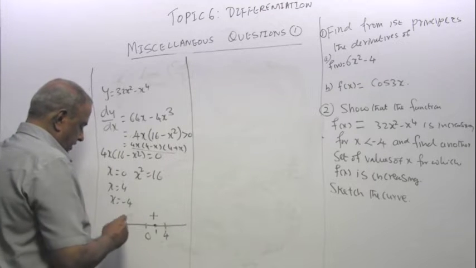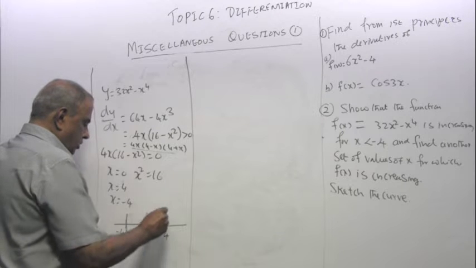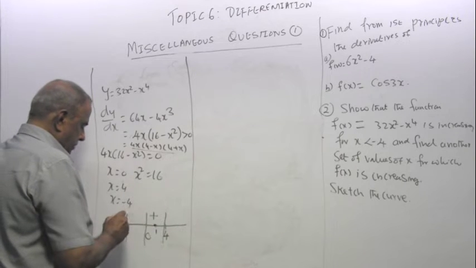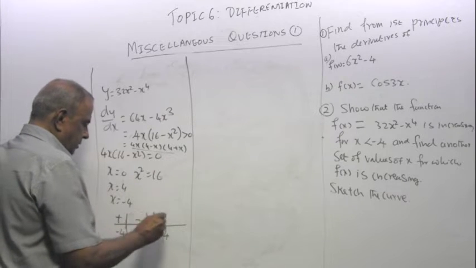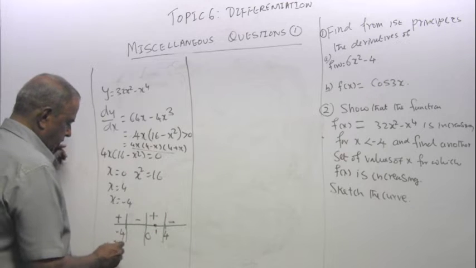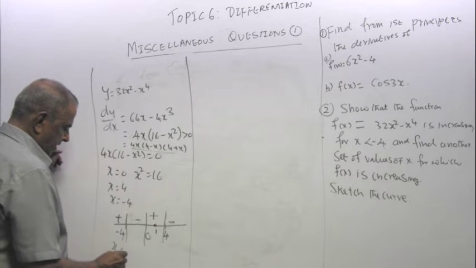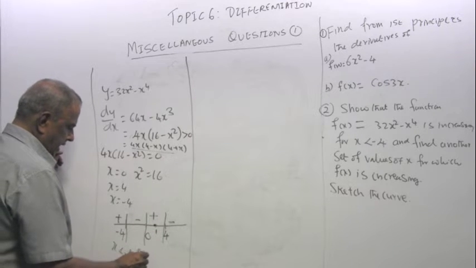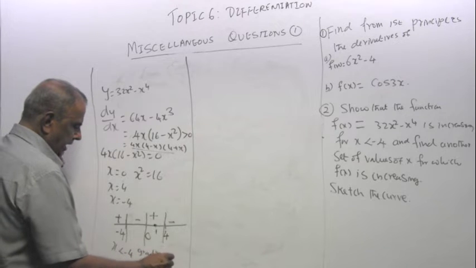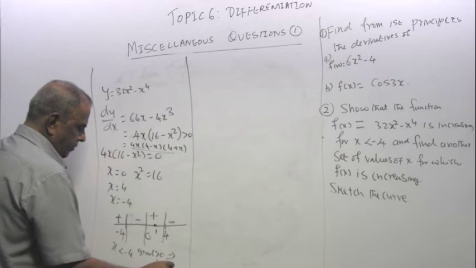Automatically, you see, the number line has been divided into 4 parts. So, the pattern is always plus, minus, plus, minus. So, therefore, with x less than minus 4, gradient positive, meaning increasing.